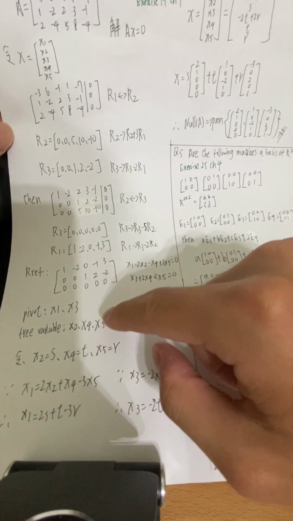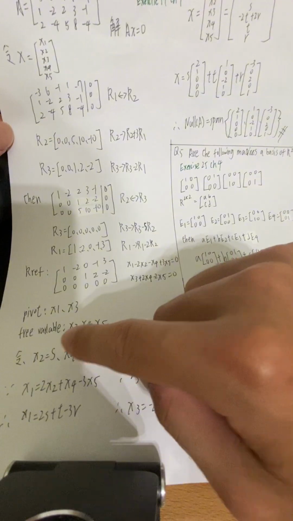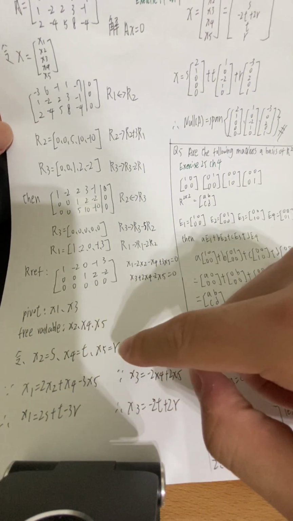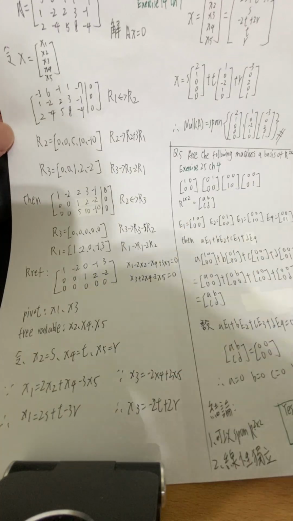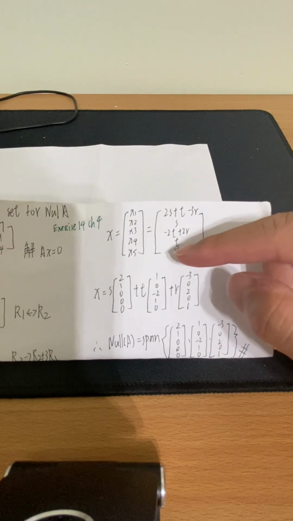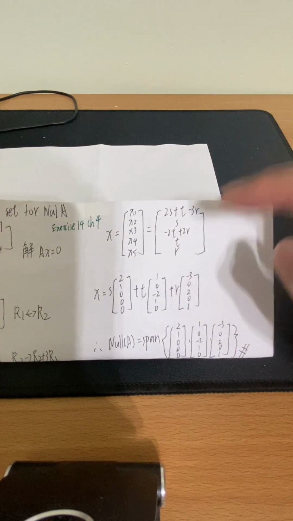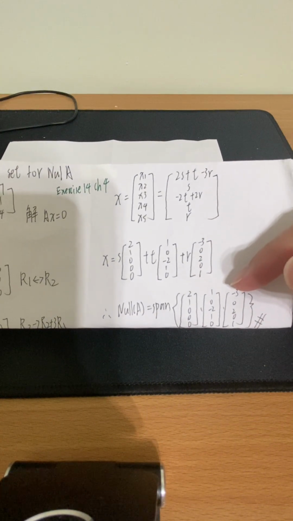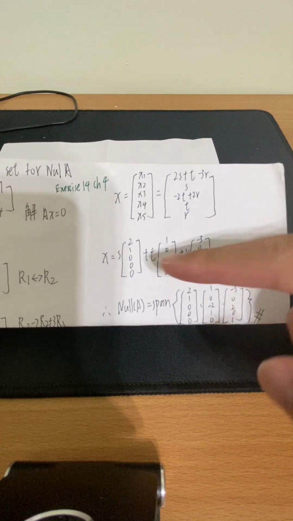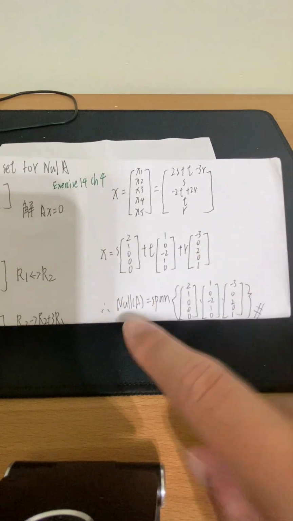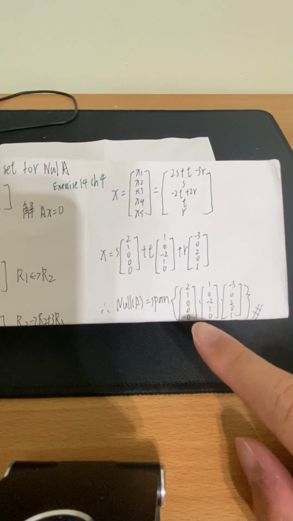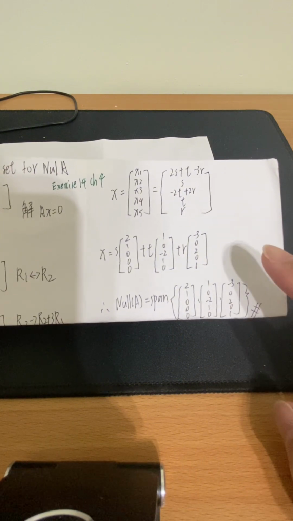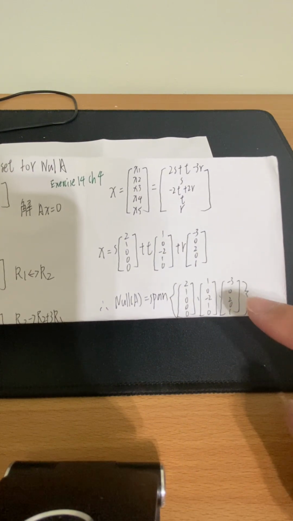Let x2 equal s, x4 equal t, and x5 equal r. Then substituting these parameters gives the solution. Therefore, the spanning set for the null space is this one. And the final null space spanning set is (1, 1, 0, 0, 0), (1, 0, -2, 1, 0), (-3, 0, 2, 0, 1).